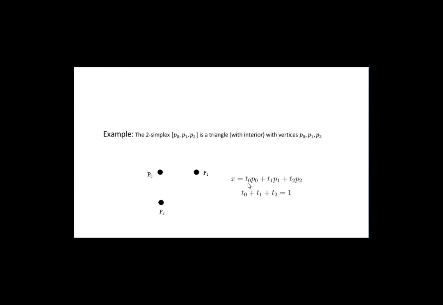Similarly, if t0 equals 0, then it should be a line starting from p1 up to p2, right? So the case will be these three lines. But when I take all the components greater than 0, then you are going to end up at some point here, interior to the triangle.